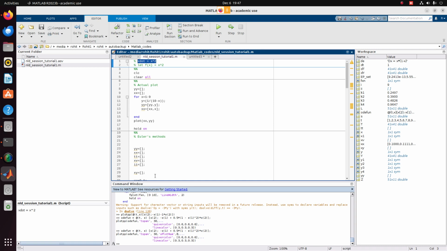Our interest is to find the velocity, so we need to plot the actual solution here. We need to plot x versus time, so this is your time and this is the value of x which you need to plot. For a given initial condition, you can get different values of that. I will just plot for a given value. One second.